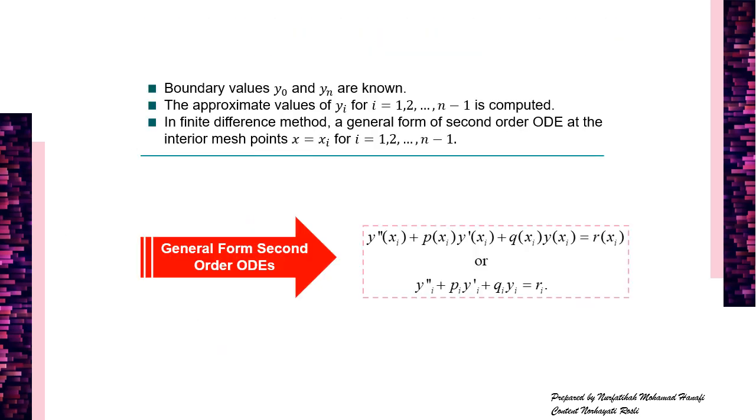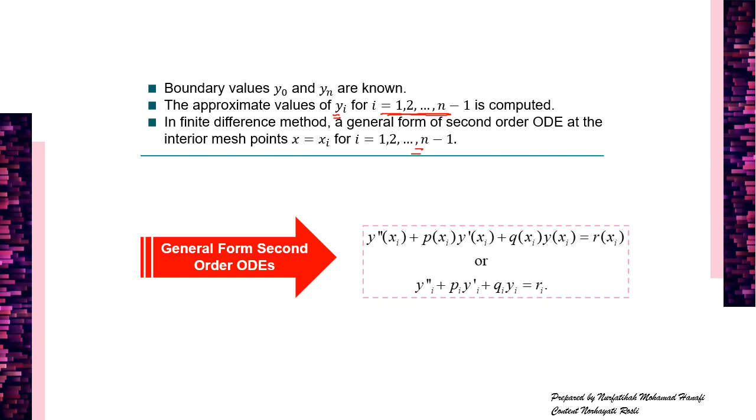For the finite difference method, the boundary values y0 and yn are known. The approximate values for yi, from i equal to 1 until n minus 1, are computed. In the finite difference method, we take the general form of the second order ODE at the interior mesh points x equal to xi, for i equal to 1, 2 until n minus 1.